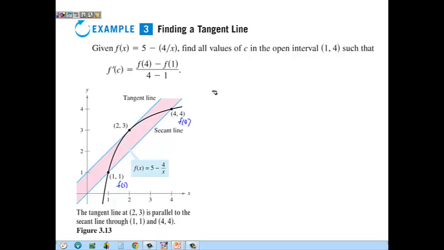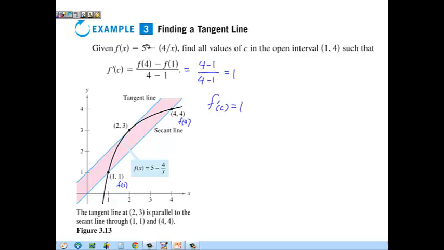So we're going to find the slope, which is this part, and that'll be 4 minus 1 over 4 minus 1, which is equal to 1. So we want to find some point on here where the derivative is equal to 1.